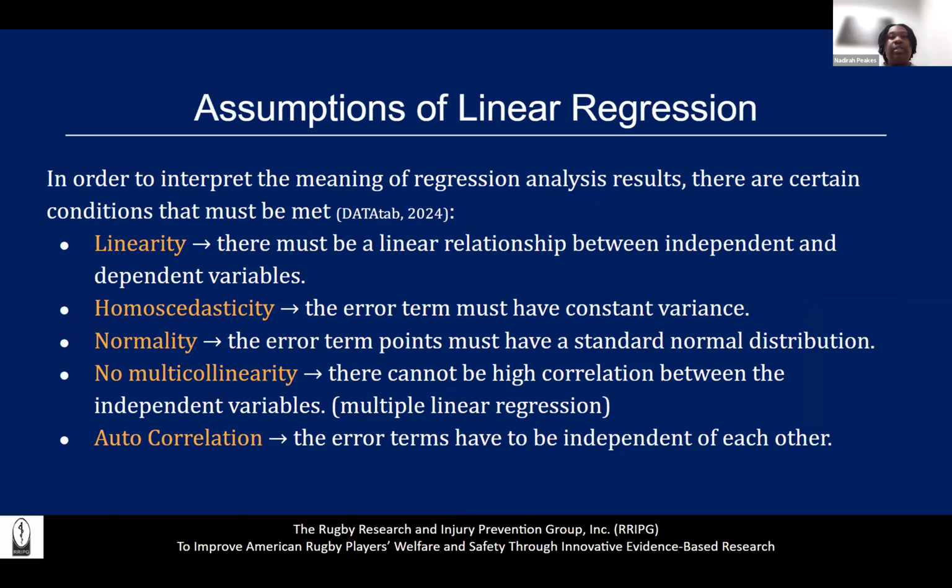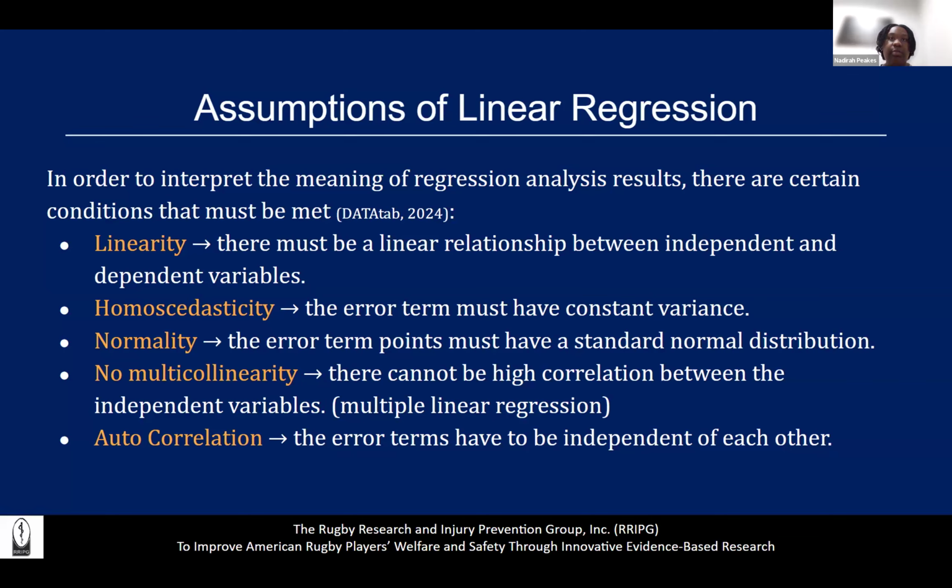So there are a few assumptions that need to be cleared before we can get into the linear regression. Regarding linearity, there must be a linear relationship between independent and dependent variables. It cannot be nonlinear. Regarding homoscedasticity, the error term must have constant variance. And regarding normality, the error term points must have a standard normal distribution.